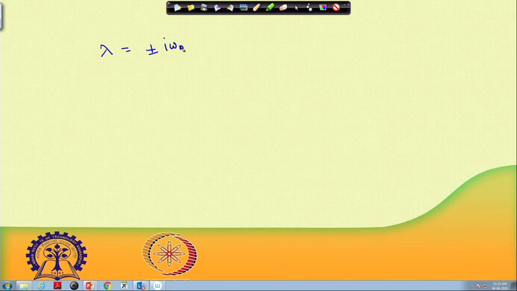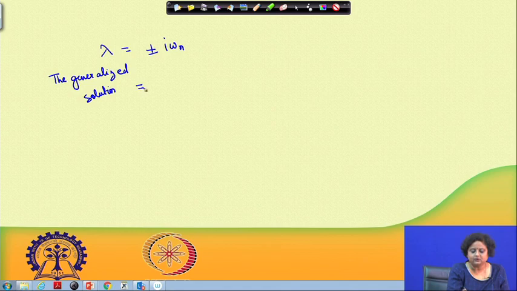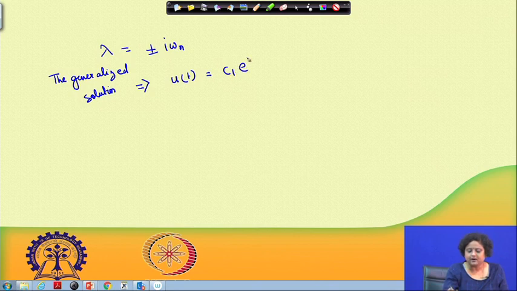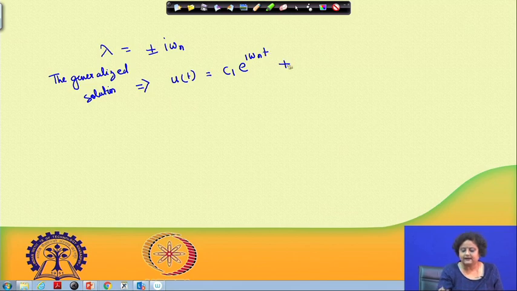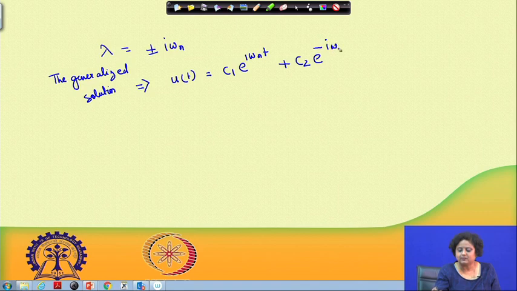If this is the solution for lambda, then the generalized solution is u t equals C1 e to the power i omega n t, that is one root, and then C2 into e to the power minus i omega n t, that is the second root. Okay.